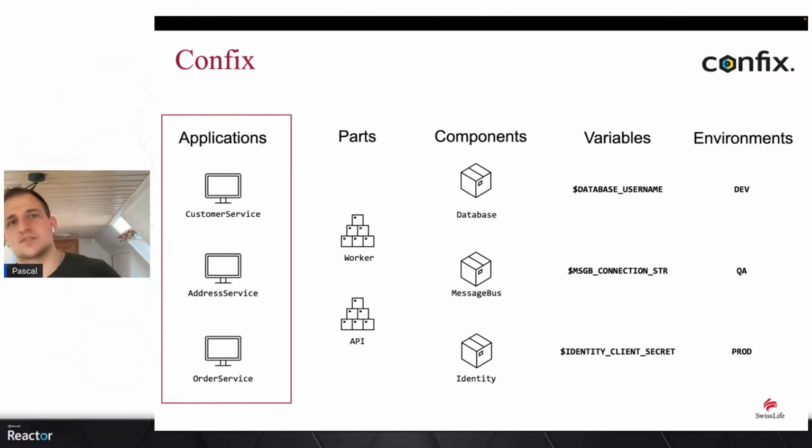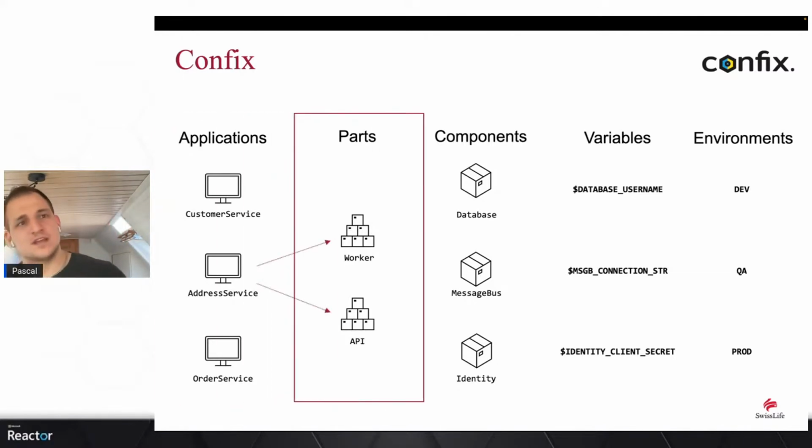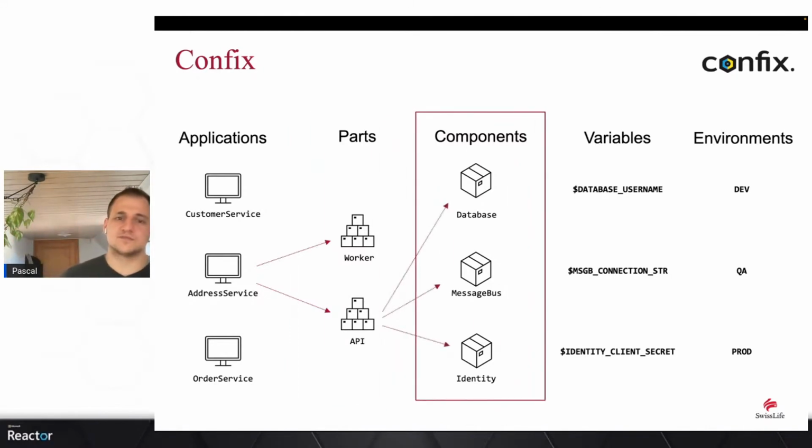The first part is the application. The application consumes the configurations. This configuration follows a strict schema. An application can have many application parts. Each application part represents a running process. So, for example, a worker or an API.